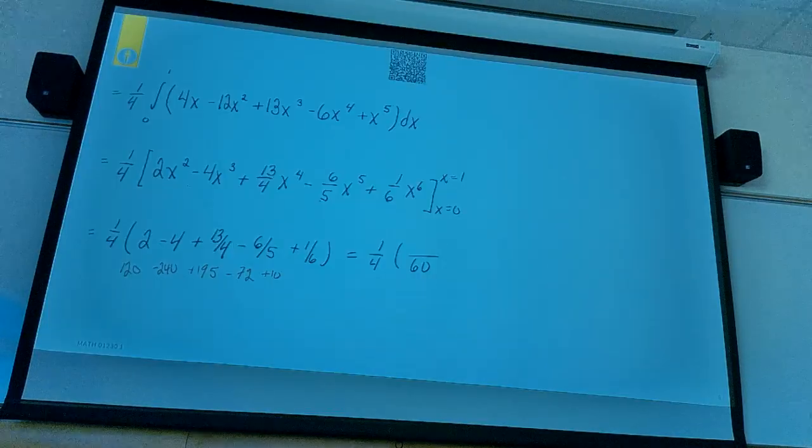Well, I'm just doing the addition right now. 325 minus 240 minus 72. I do agree it's 13 over 240.